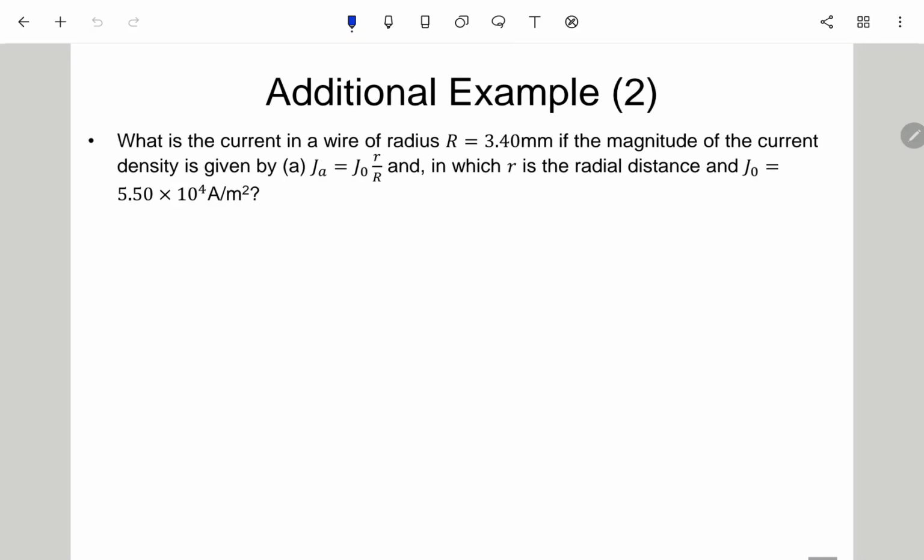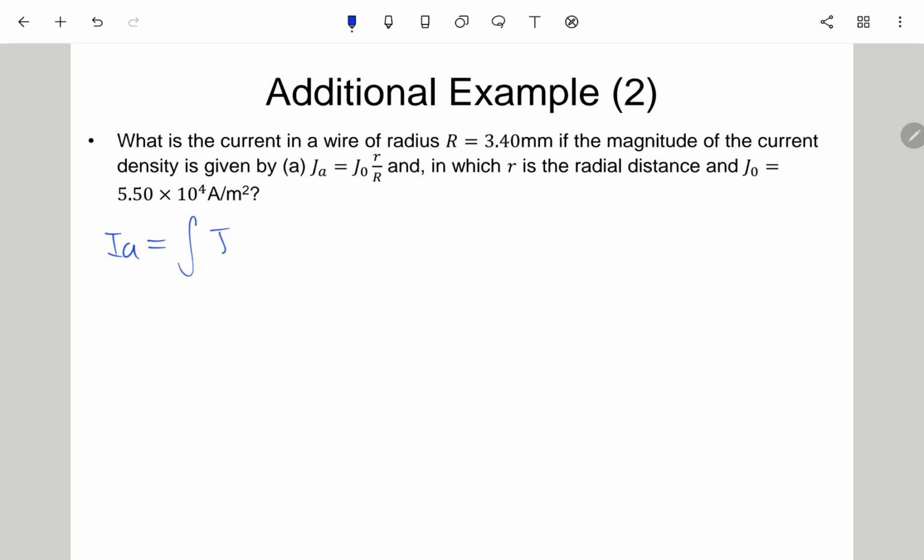Yeah, so here we have another additional example. It says what is the current in a wire of radius r if the magnitude of the current density is given by this one, JA equals this one, and J0 is this value. So here we just let you get familiar with how to do the double integration.